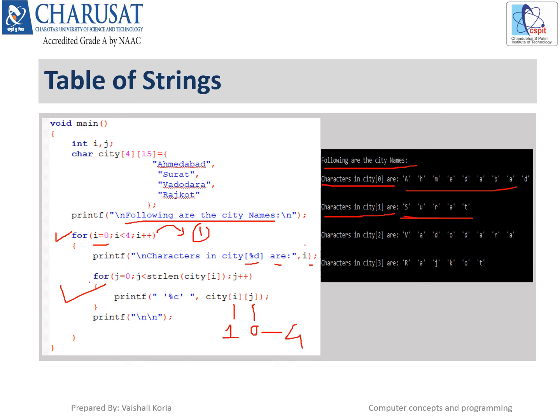It will execute up to 4: 0, 1, 2, 3 and 4. The length of Surat is 5, so j less than 5, it will execute up to 4. So using these two subscripts i and j, you can access the individual characters of the strings which are stored in this two-dimensional array city.